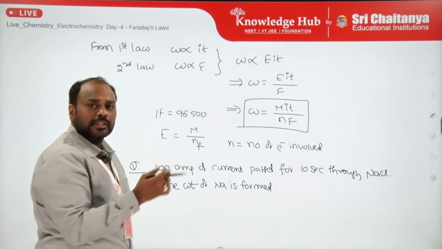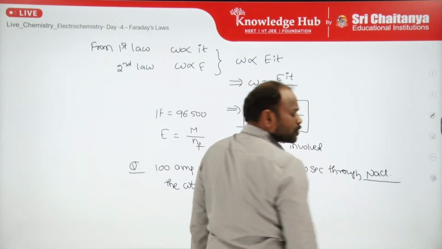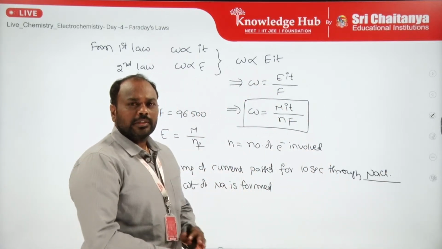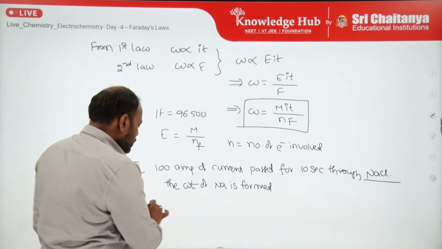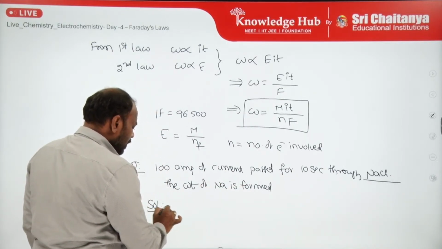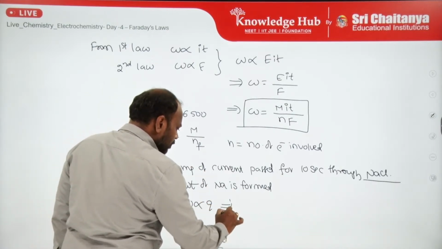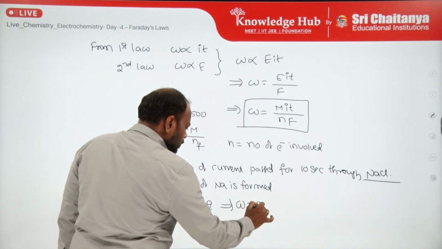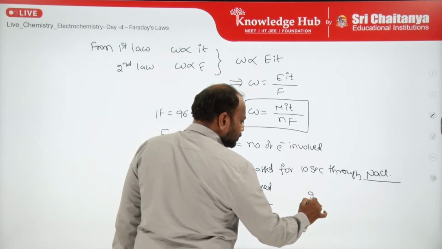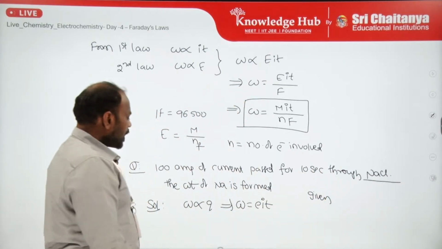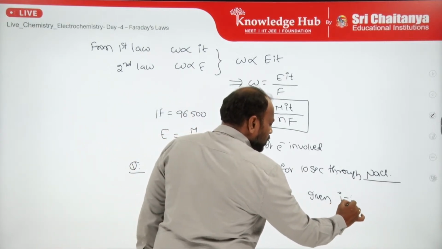How many electrolytic cells are given? Only one electrolytic cell. In that one, which one is present? Sodium chloride is present. If you take the sodium chloride, sodium is formed. So what's the equation for this? W is directly proportional to Q, or W is equal to E into I into T. But what's the given data? How many amperes of current is passed? 100 amperes. So I value is equal to 100.